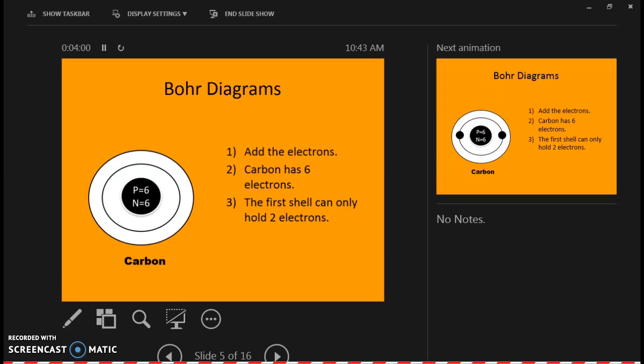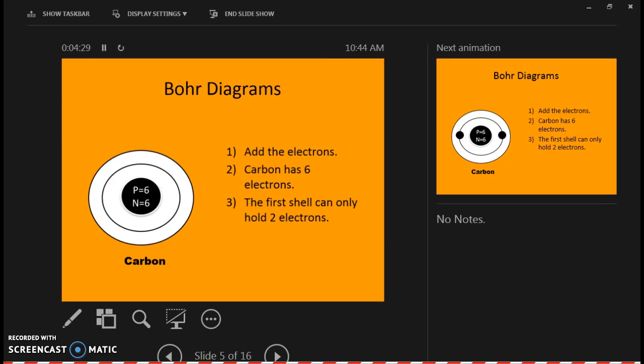So in your second empty square in your notes, draw your nucleus again with your 2 energy levels, and we're going to start to add our electrons on our first energy level. The first energy level can only hold 2 electrons. That's it. That's maximum capacity. So what we're going to do is take 2 of our 6 electrons, and we're going to draw them. So you'll have to add that to your drawing in the second box.